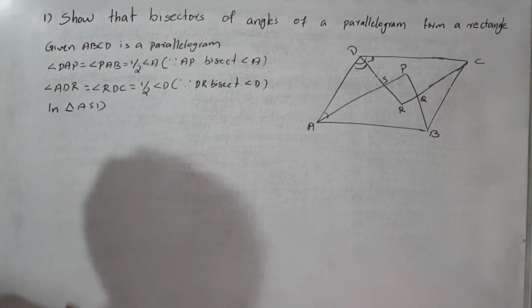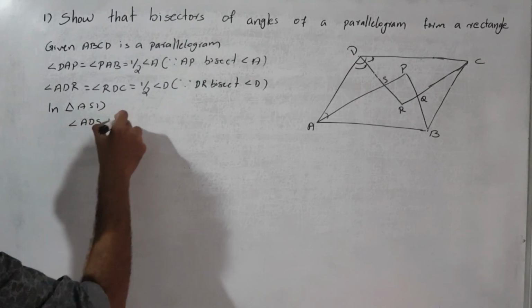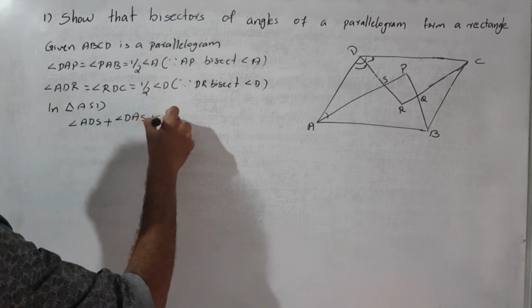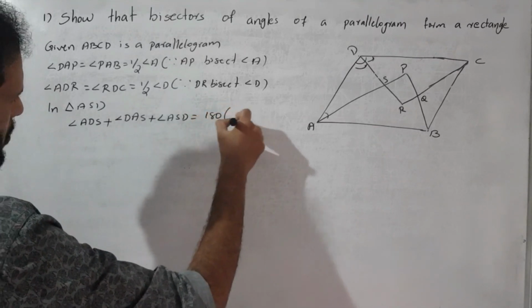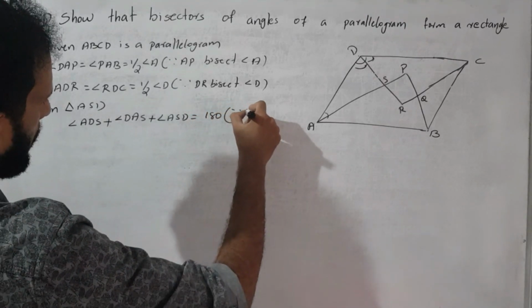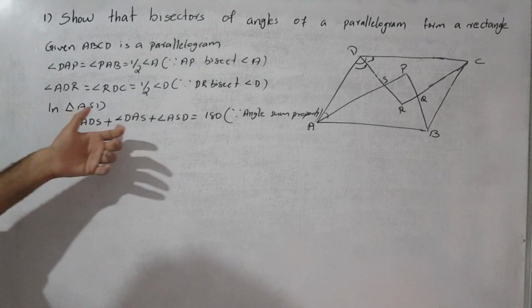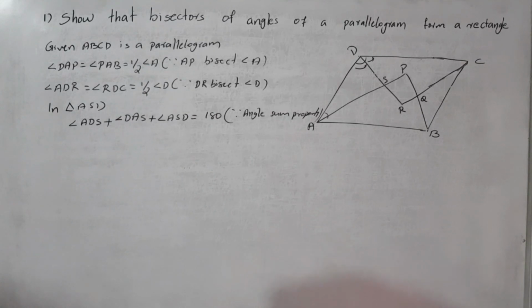Angle ADS plus angle DAS plus angle ASD is equal to 180 degrees. What is the reason? Angle sum property.